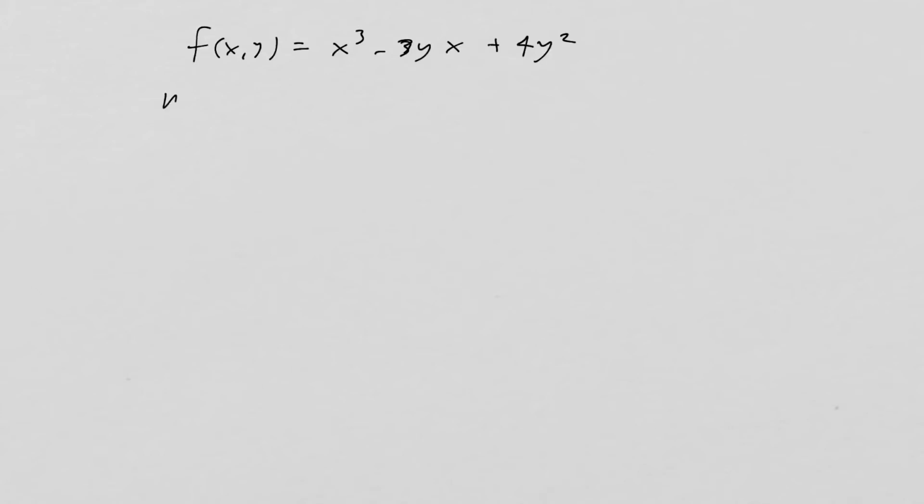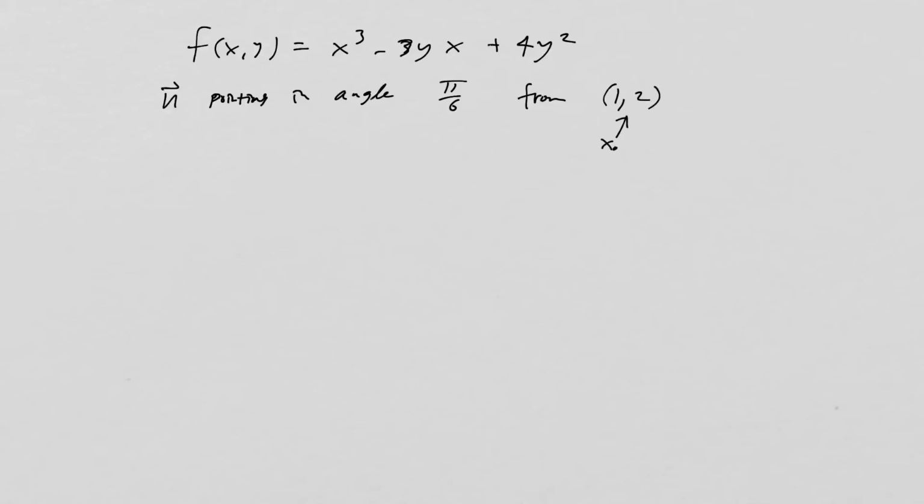Okay, right, u is going to be the vector pointing in the angle pi over 6, from point 1, 2.